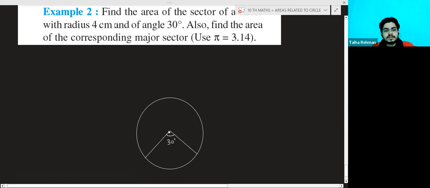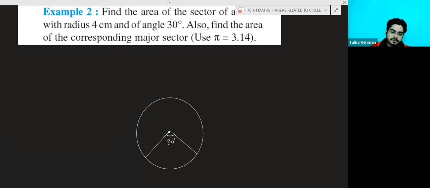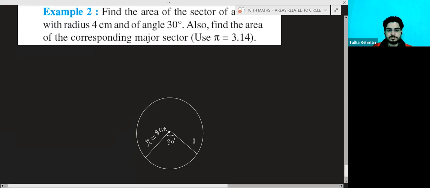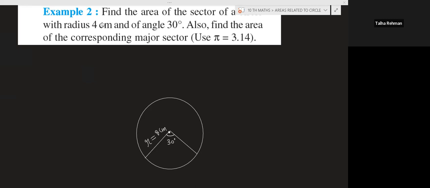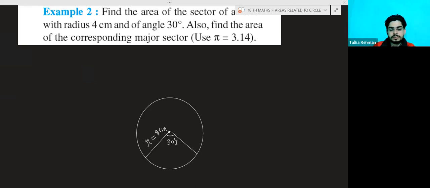So they are asking to find the area of the sector of a circle with a radius of 4 centimeter and of angle 30 degrees. So this radius is 4 centimeter, and this is 30 degrees.